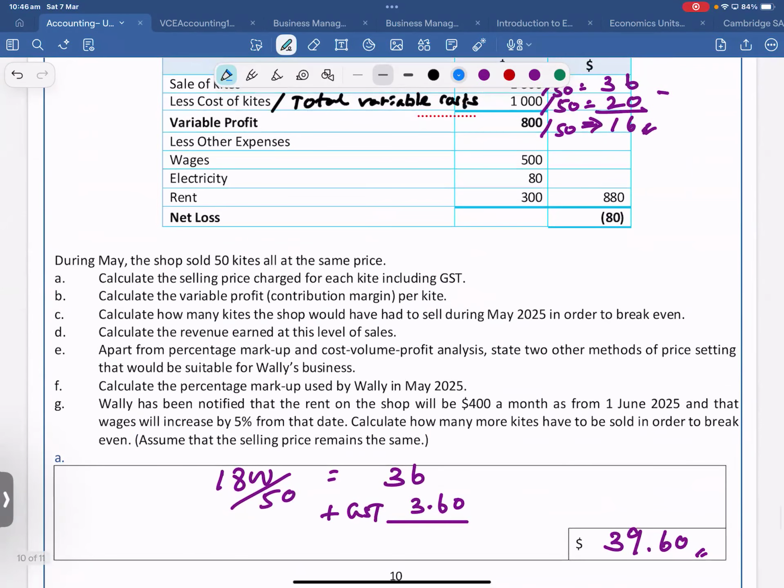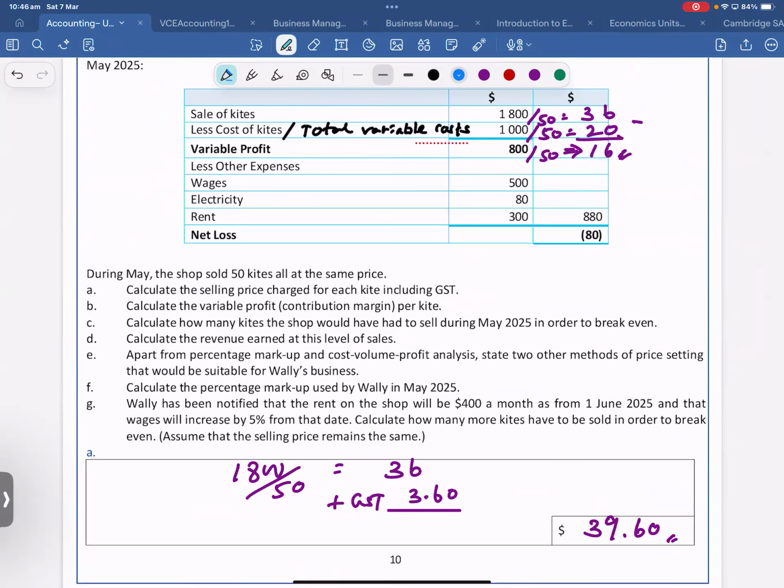Then C. The total expenses is 880, and the selling price is 36.